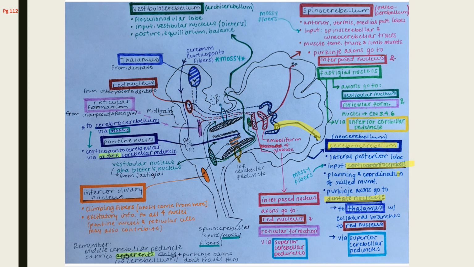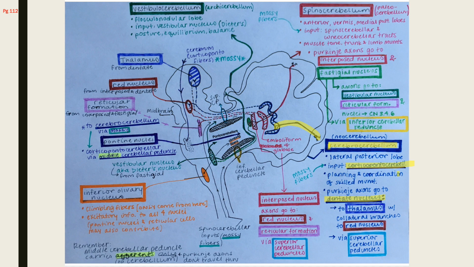From that chart on page 111, corticopontocerebellar fibers are going to the cerebrocerebellum. Those are an example of the mossy fibers again. And then from there, they're going to go to the dentate nucleus. That's what I have highlighted, the Purkinje neuron going to the dentate nucleus, releasing GABA, which is inhibitory on the deep nuclei.